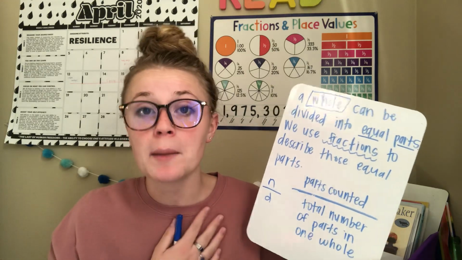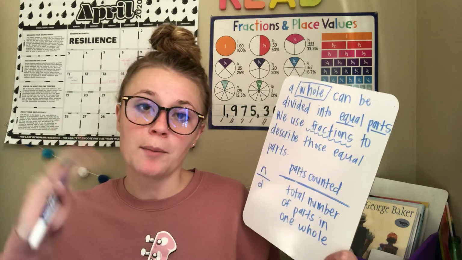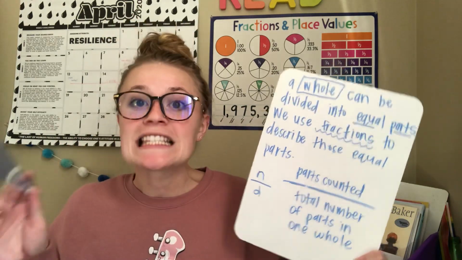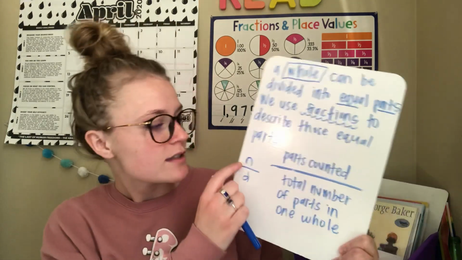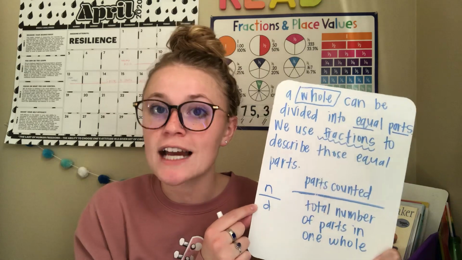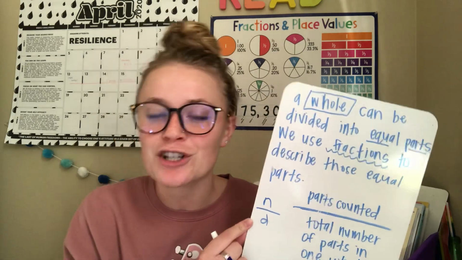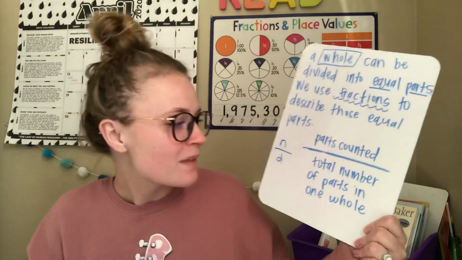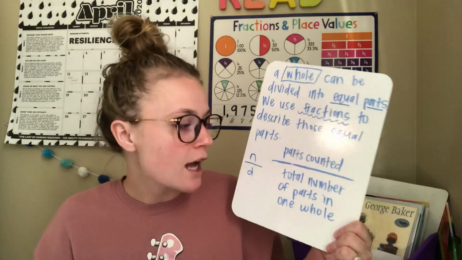One way that I remembered what goes on top and what goes on the bottom was that the denominator is downstairs. So if this is like a house, the denominator goes downstairs, right? Downstairs starts with a D, denominator starts with a D. So maybe that's a fun little trick for you to remember. And then of course the numerator is on top.